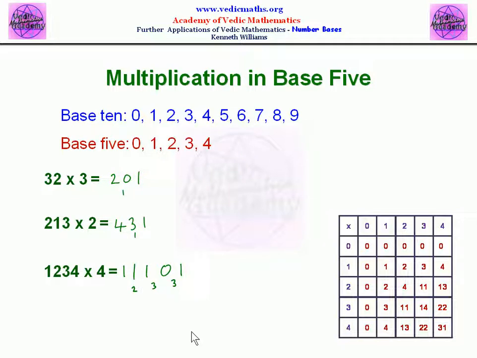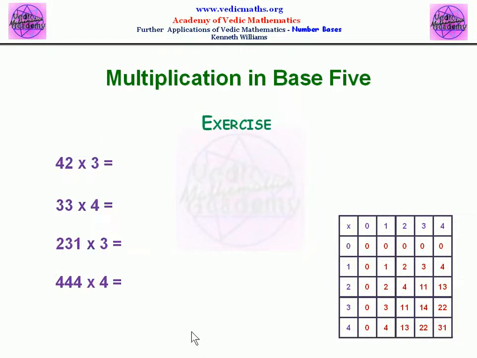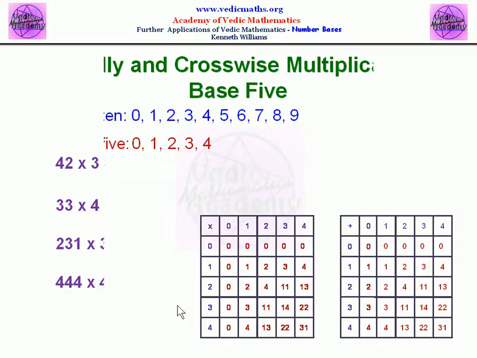So that's straightforward short multiplication in base 5. You might like to try these for practice. So here are the answers if you'd like to pause and check. And now let's move on.